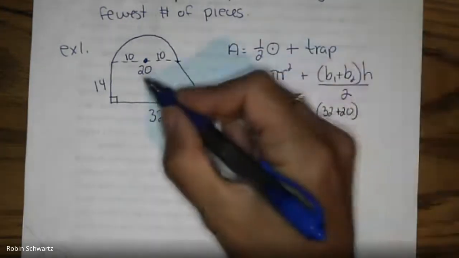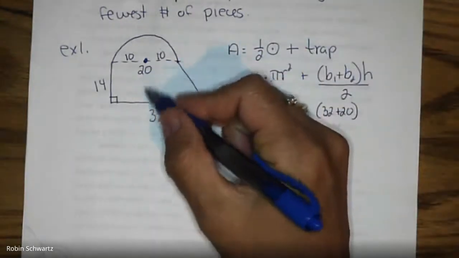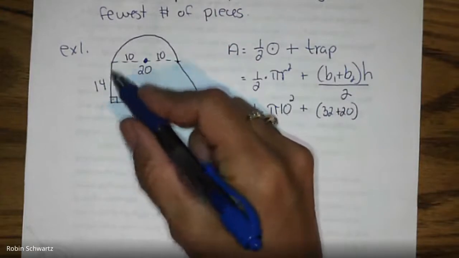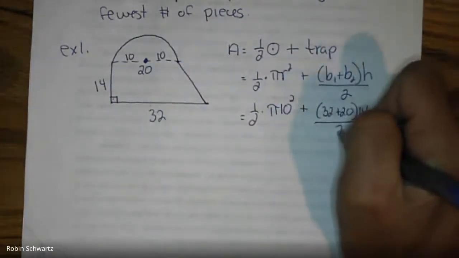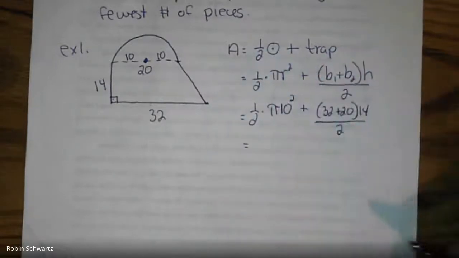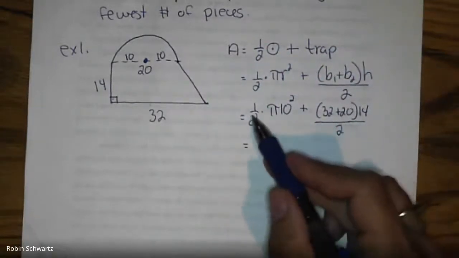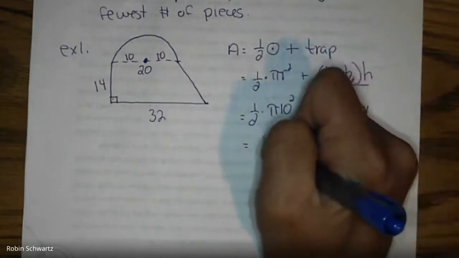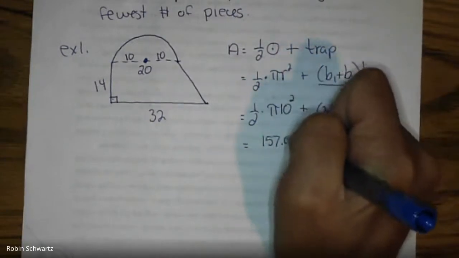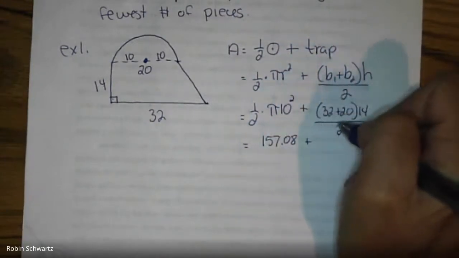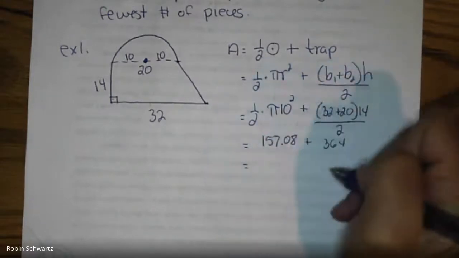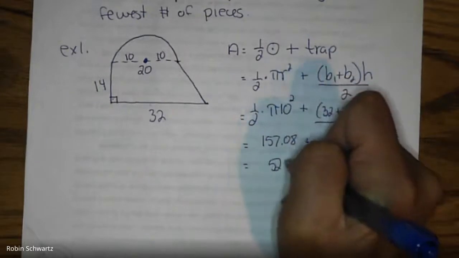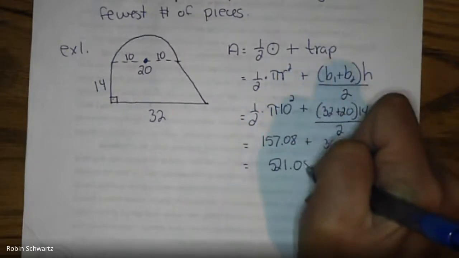The height of the trapezoid is how far apart those are. That means a 90-degree angle. It's right here. They are 14 apart. And divide by 2. Picking up a calculator, I've already done these. 157.08 over here, 364. Adding them together, 521.08.